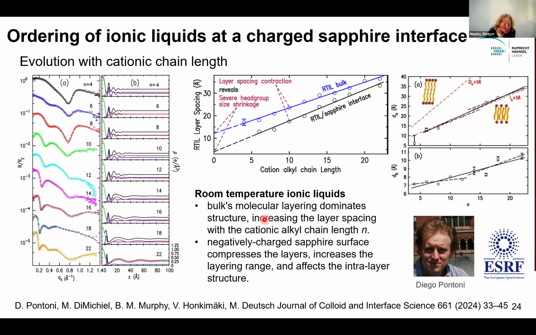Here we were looking at room temperature ionic liquids, going over all different chain lengths to try and understand the structure. And what you can see here is that the layer spacing contraction increases at both the surface and the bulk as we increase the chain length. Then the negatively charged sapphire surface compresses the layers, and this increases the layering structure and also affects the intralayer structure.